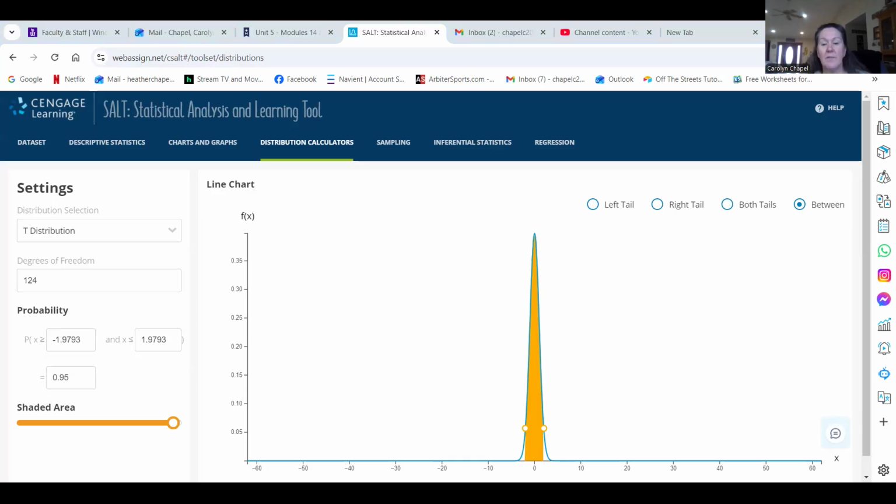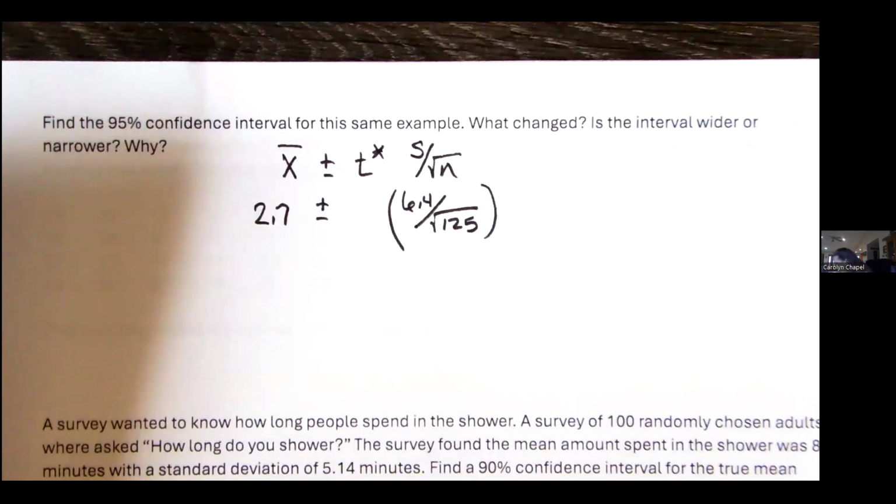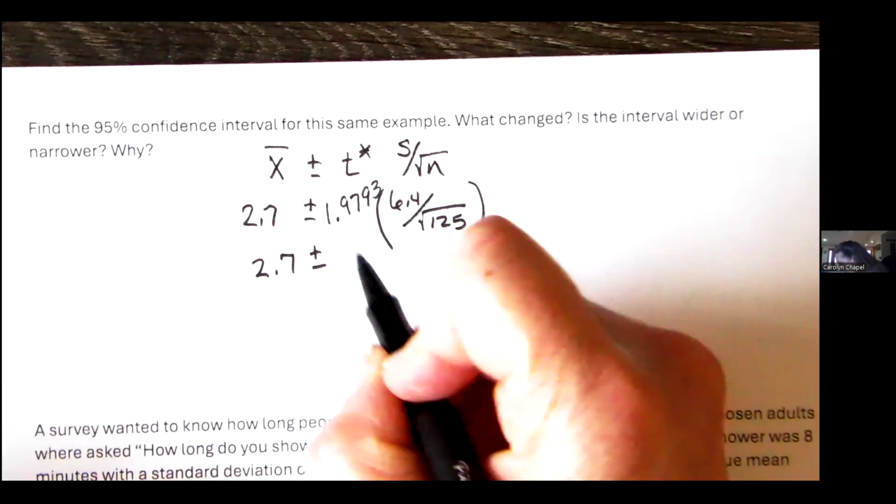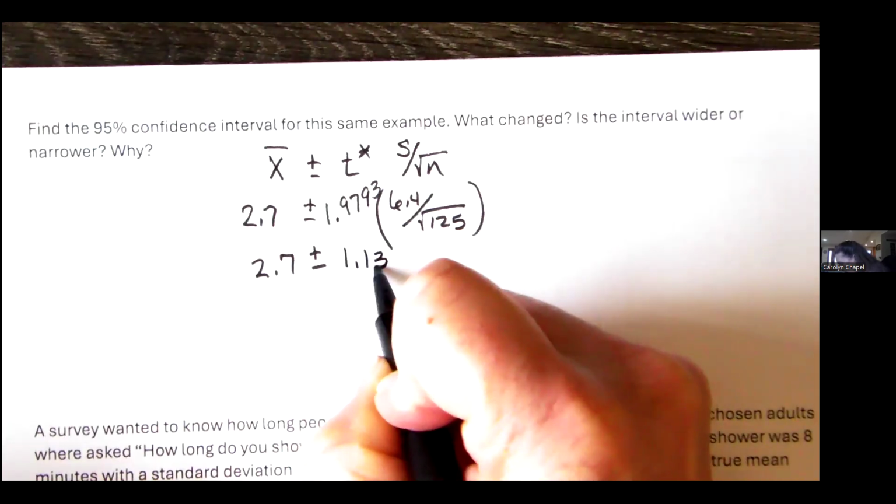Put it into my formula. I wrote it down. So I'm going to multiply all that out. So that 1.9793 times that 6.4 divided by the square root of 125. And we're going to be adding and subtracting 1.133.